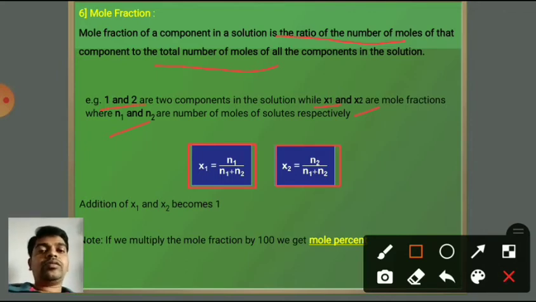Here it is also important to note that if we add these two mole fractions, the sum becomes 1, because it is a fraction of two components in a given solution. Now it is also important to note that if you multiply this fraction by 100, we will get the mole percent.